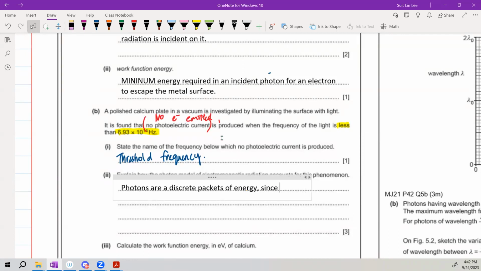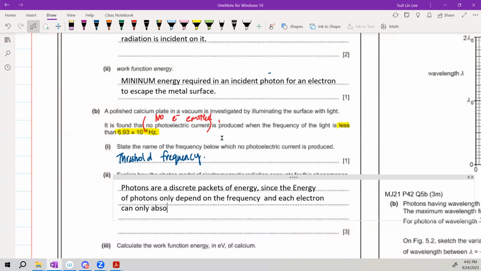So since the energy of photons only depends on the frequency, and each electron can only absorb one photon. Just like each student can only sit for one paper one time per exam season.